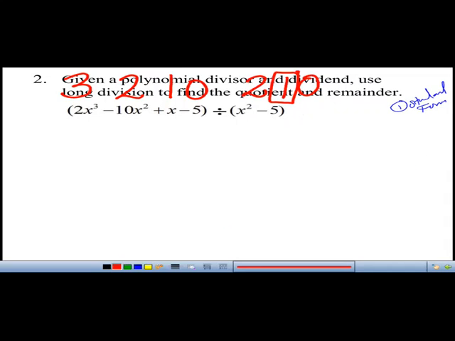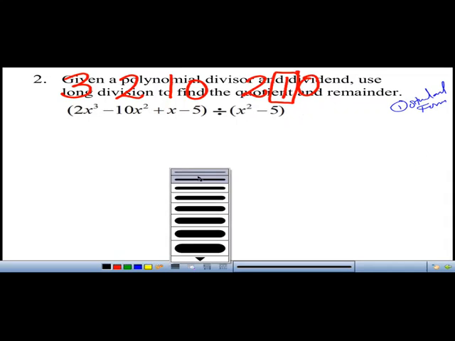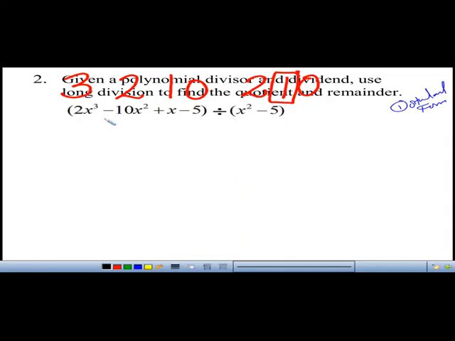So here we go. I'm going to write my first polynomial as my dividend. So I'm going to write 2x cubed minus 10x squared plus x minus 5 divided by, that's the one that goes inside the little house or whatever you guys want to call it.